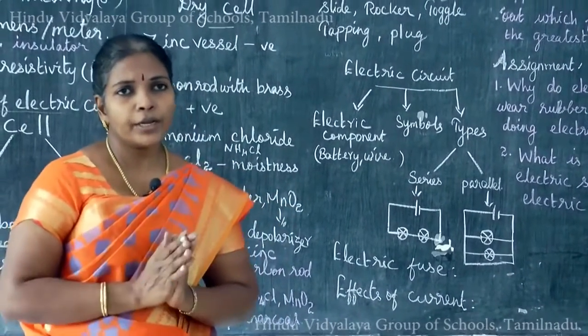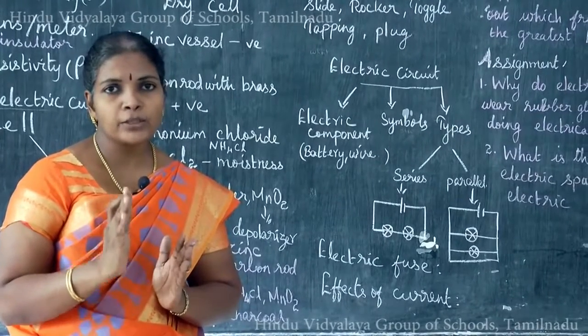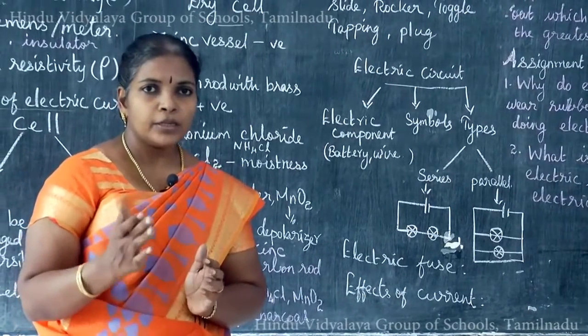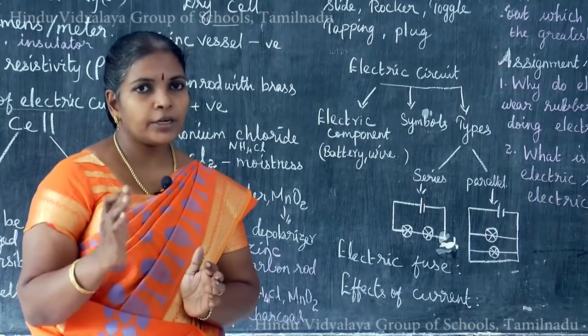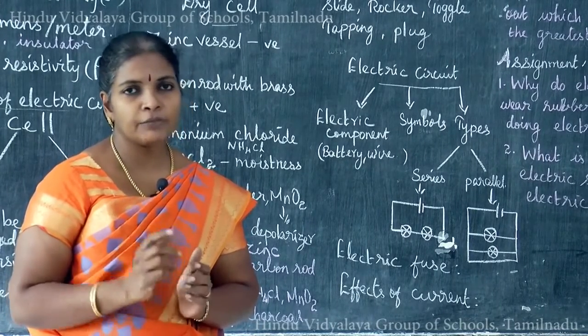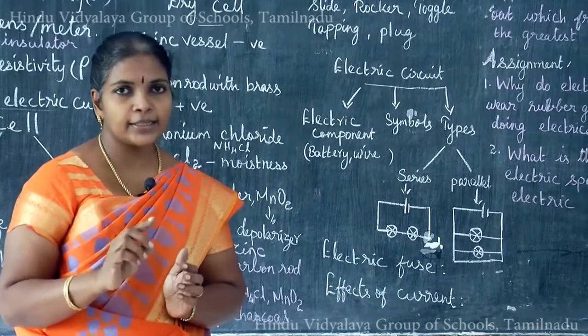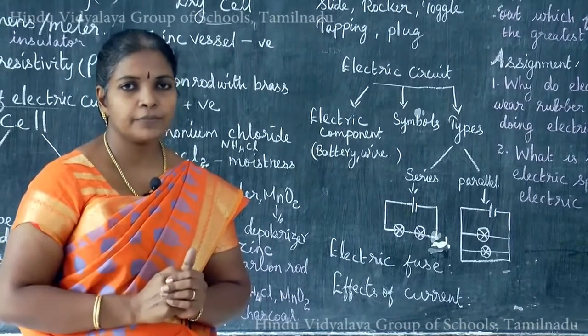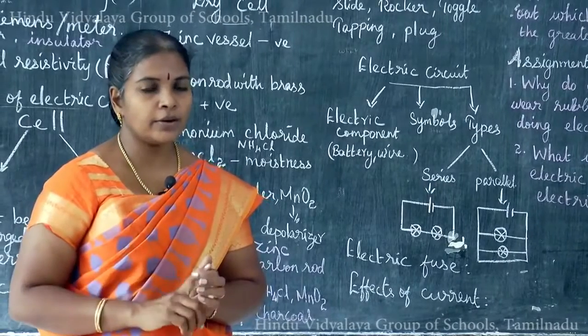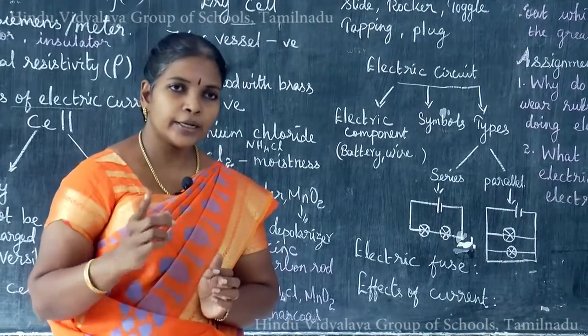When current is passed through a wire or heating element, electrical energy is converted into heat energy. In which devices is electrical energy converted into heat energy? Very good, in electric iron, that is iron box, it converts electrical energy into heat energy.